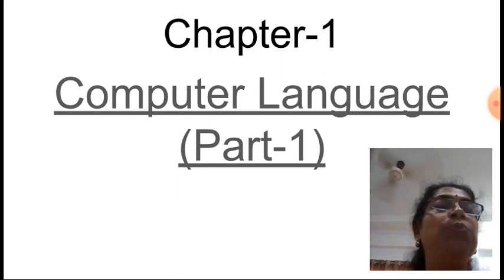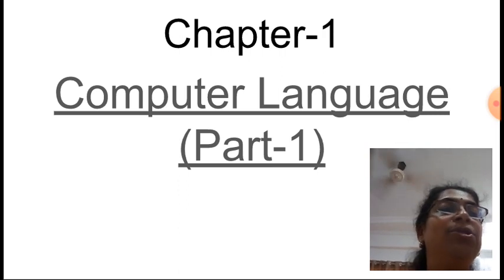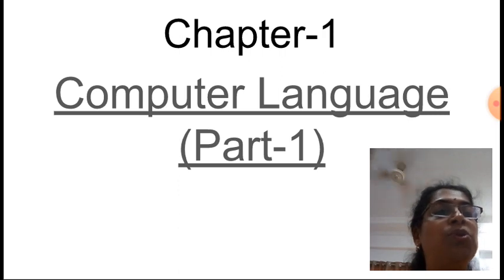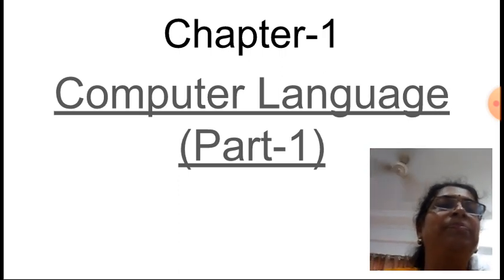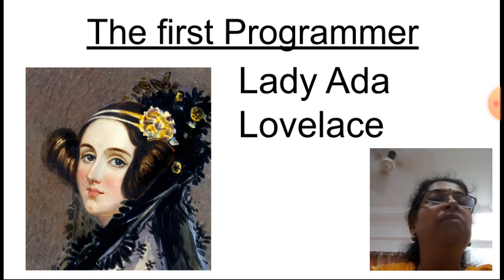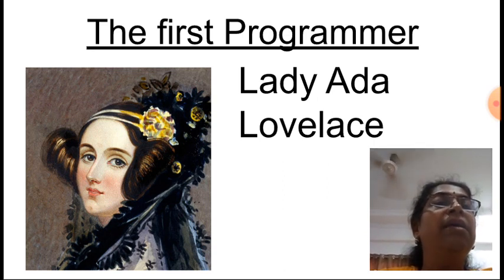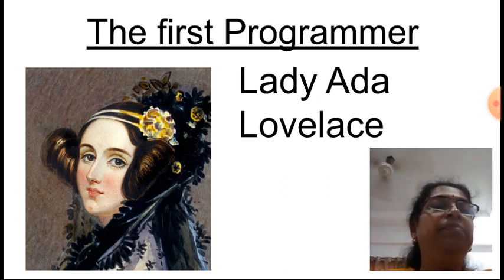She was the first programmer, means who writes the instructions and gives it to the computer and tells the computer to solve the problem and get the output. That one is called a programmer. So she was the first programmer, that is Lady Ada Lovelace.